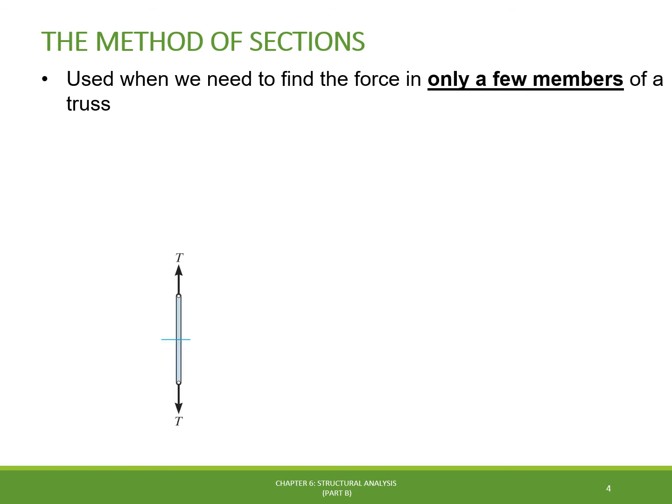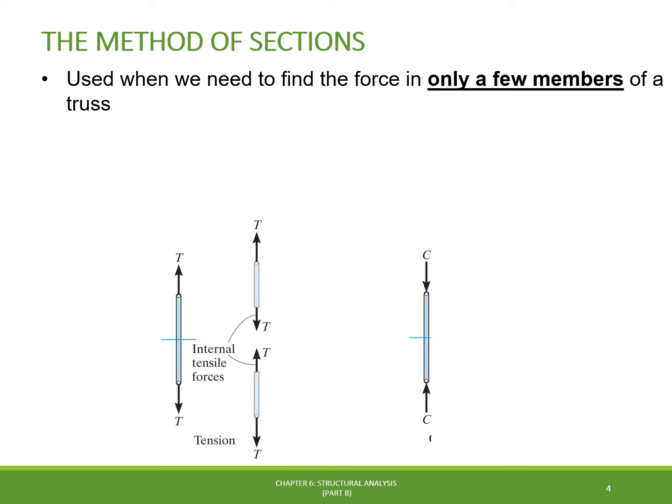if we have a member of the truss subjected to a tension force, then if we cut an imaginary section of this member represented by a blue line, the two parts will also be subjected to tension forces as a result of the internal tensile forces propagated along the entire length of the member.